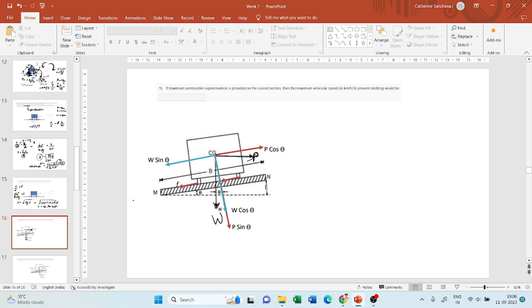Now, in order to make this problem simpler, you have to resolve the forces. Only then can you apply the balance laws. I told you the summation of horizontal force is 0 and the summation of vertical force is 0, but that is not always the case.